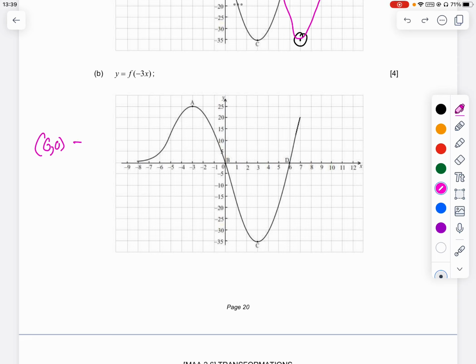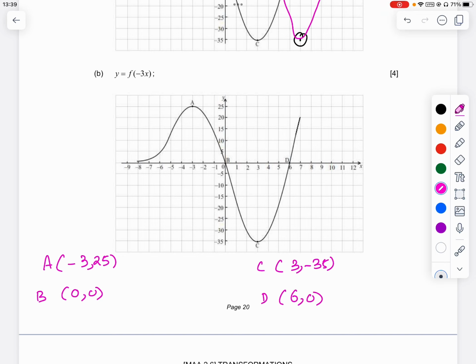We will be writing the points in an order so that it will be easy for us to plot the graph. So a, what was a? A was minus 3 comma 25, and b is 0 comma 0. C is 3 comma negative 35. D is 6 comma 0.